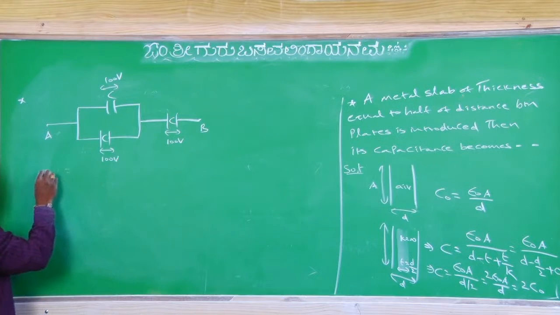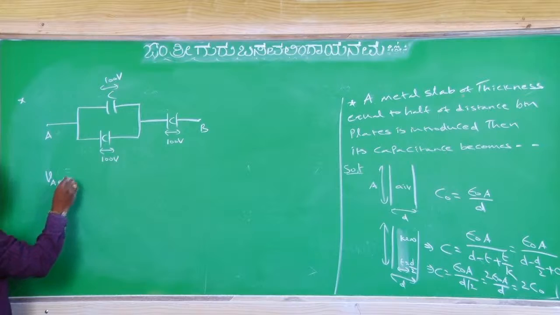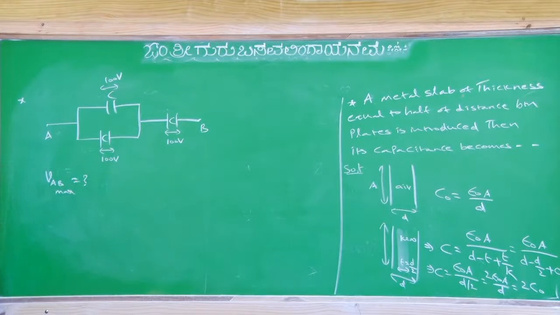Here we want to find out V_AB maximum. How much are we able to apply?